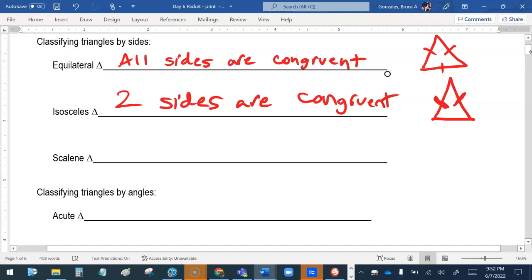Now, how can I remember that? When I think of isosceles, I think of the word eye, E-Y-E. How many eyes do you have? 2. So your 2 eyes tells you that there's 2 sides. Isosceles.